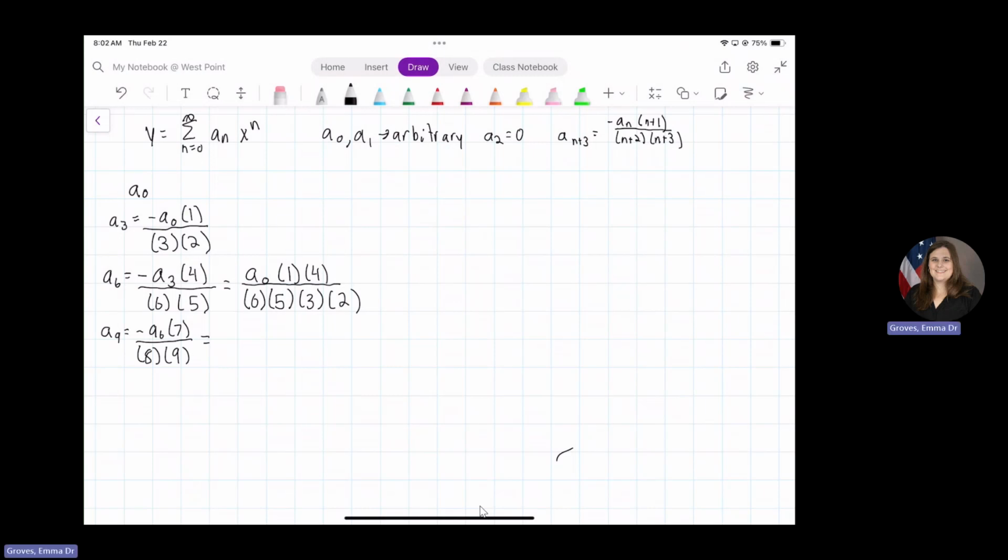But I know a6, so I substitute that in, and I get negative a0 times 1 times 4 times 7 over 9, 8, 6, 5, 3, and 2.